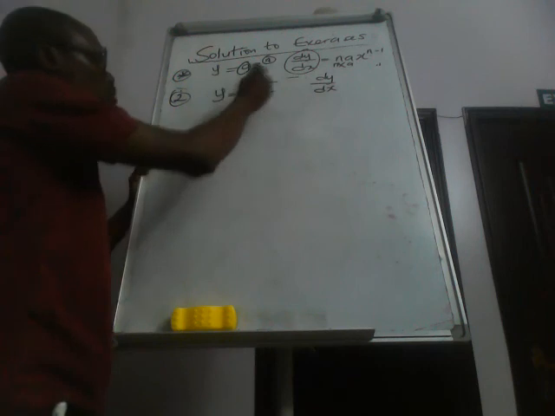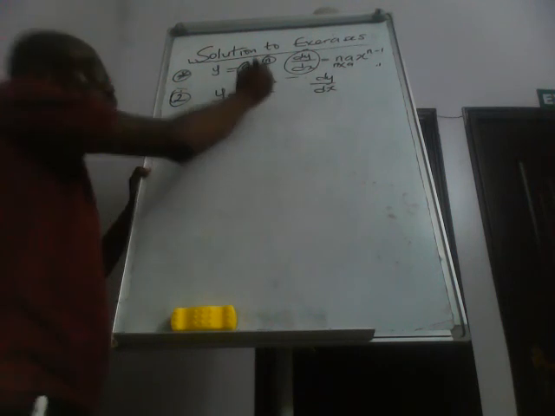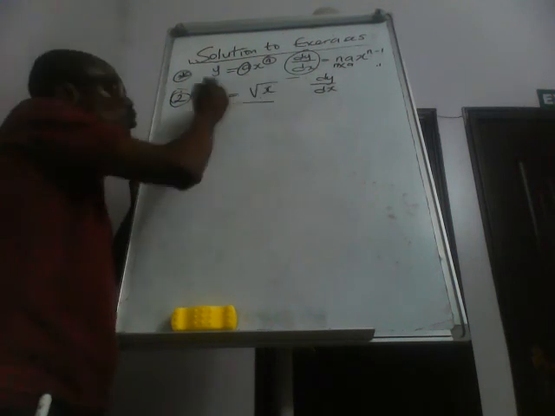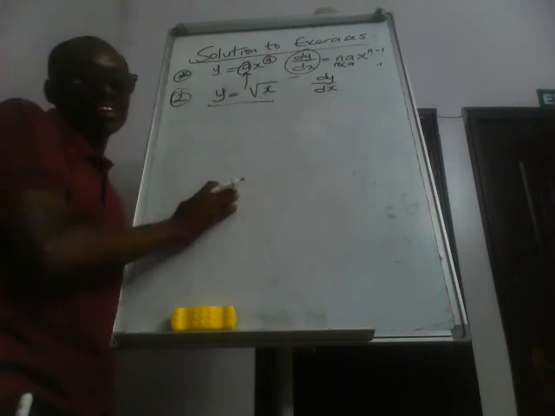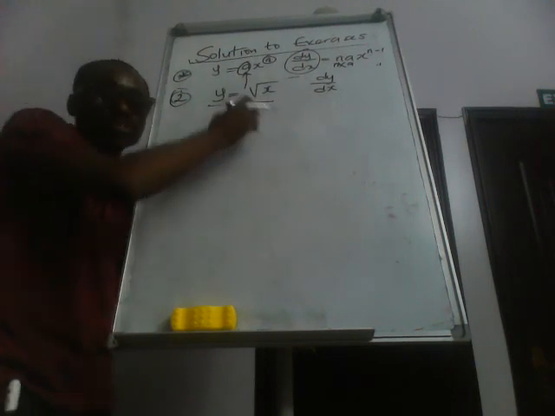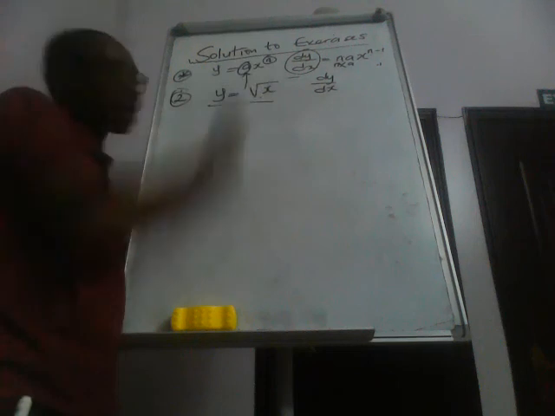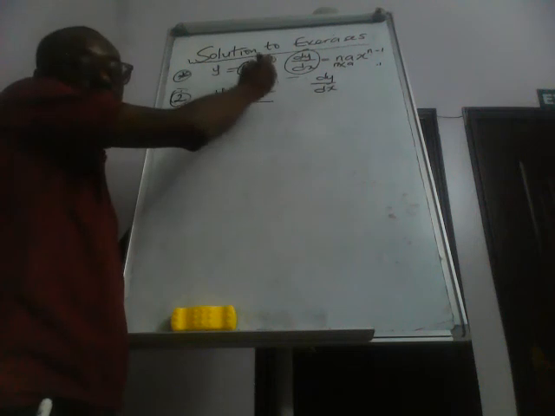The dy/dx is going to be, first and foremost, you're going to compare your function with the general form, which is this one. They don't look alike. So first and foremost, we're going to transform it to look like this. How? This is root x.